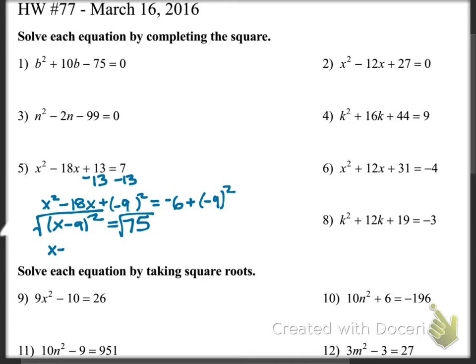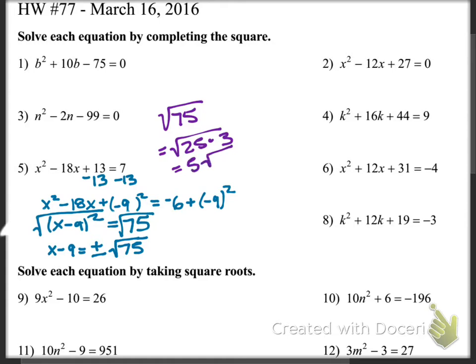Instead of doing two separate equations, I really could just put them together at this point and say x minus 9 equals plus or minus the square root of 75. The square root of 75, if I do some scratch work up here, is just equal to the square root of 25 times 3, which I can pull the 25 out, so it's just 5 times the square root of 3.